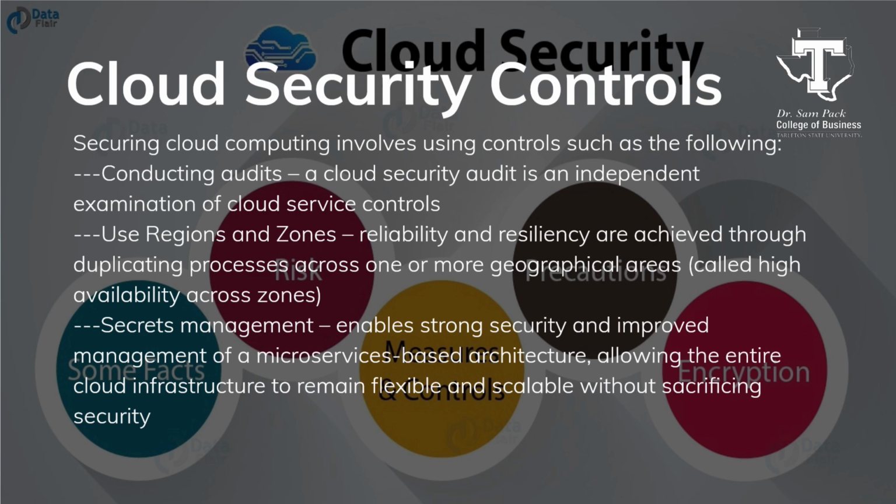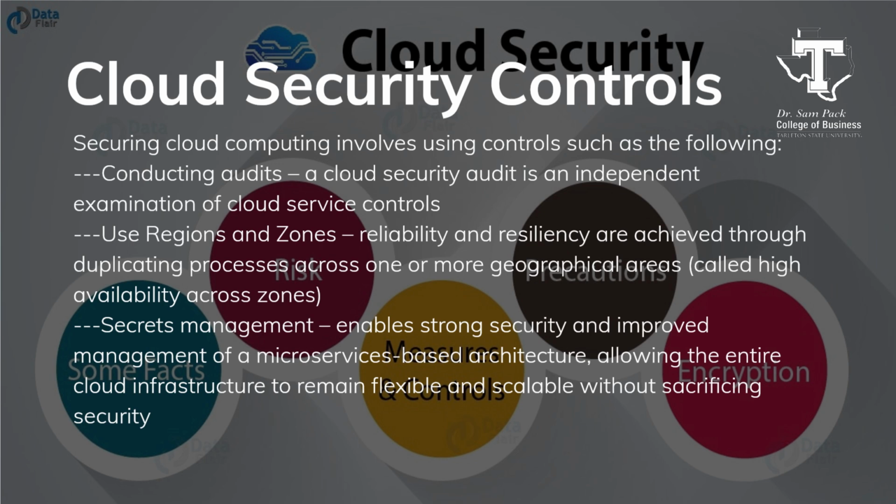Securing cloud computing involves several key practices. Conducting audits. Regular independent examinations of cloud service controls to ensure security and compliance. Using regions and zones. Enhancing reliability and resiliency by duplicating processes across multiple geographical areas, known as high availability across zones. Secrets management.